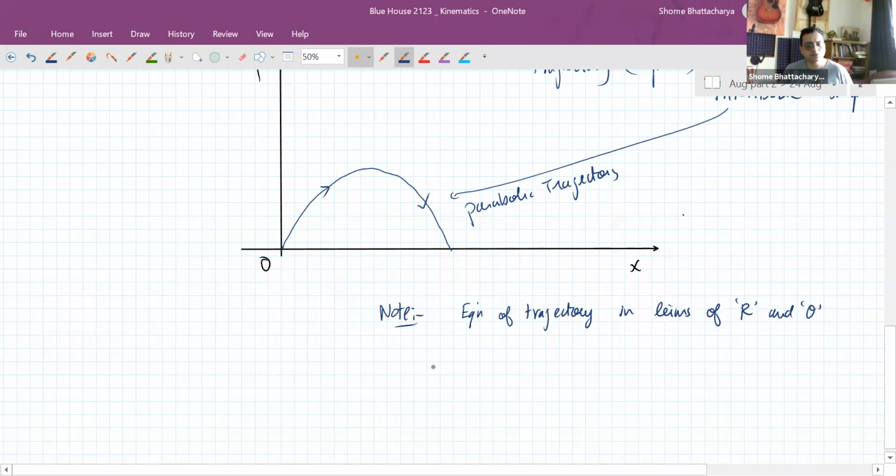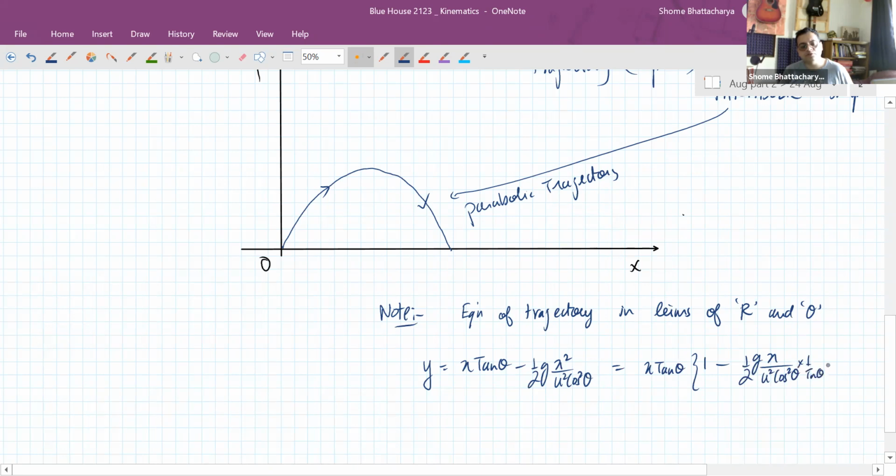So we start with the equation that we've already derived, x tan theta minus half gx square upon u square cos square theta. But next we'll take x tan theta common. So in the bracket we have 1 minus half gx upon u square cos square theta into 1 by tan theta, because we have taken tan theta common outside.